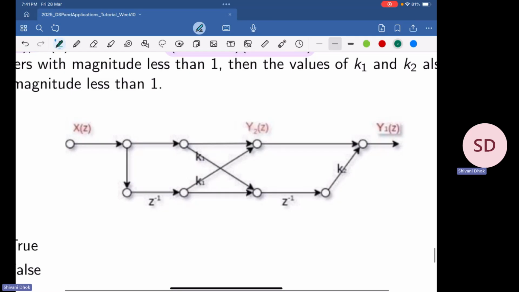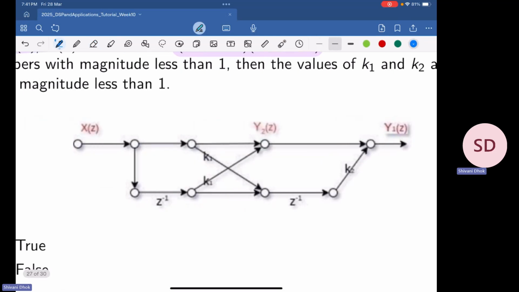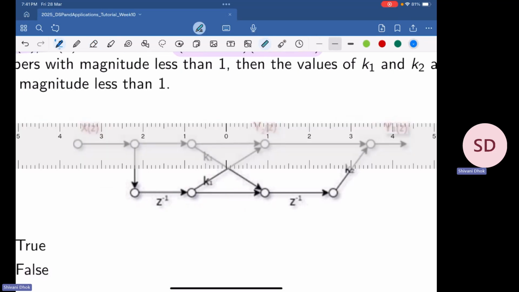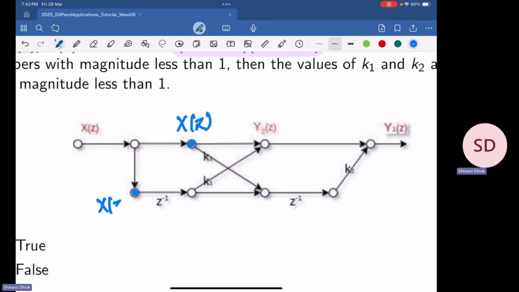Okay, yeah. So first let us figure out what y1 of z looks like. No, let's not do that. Let us start from the input part only. This is my x of z. This x of z goes here and here. So at this point we have x of z, and here also we have x of z.